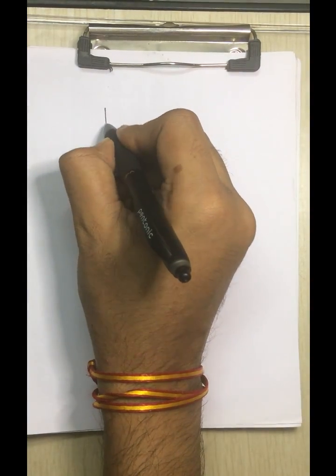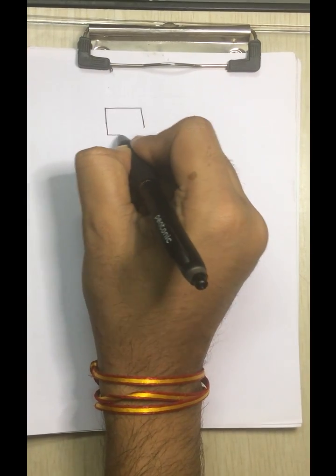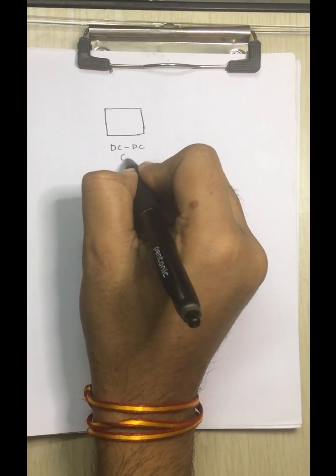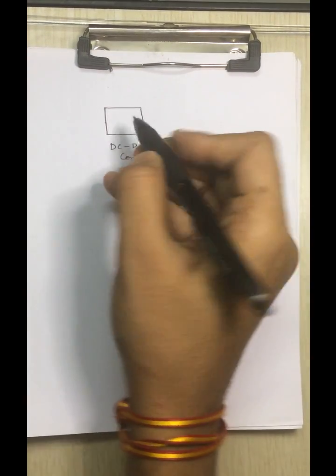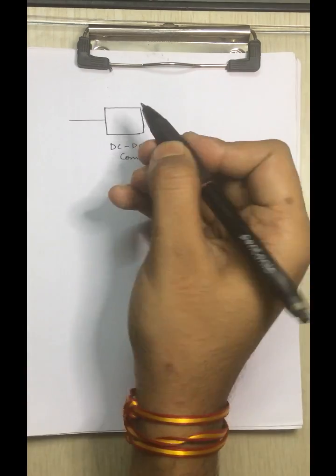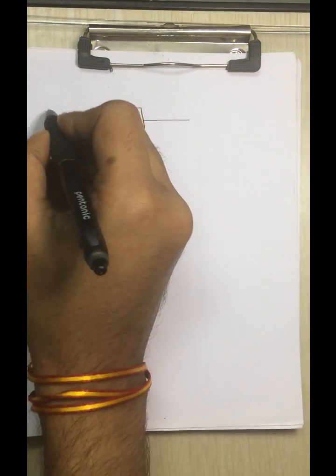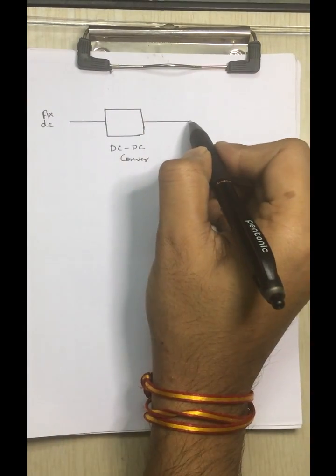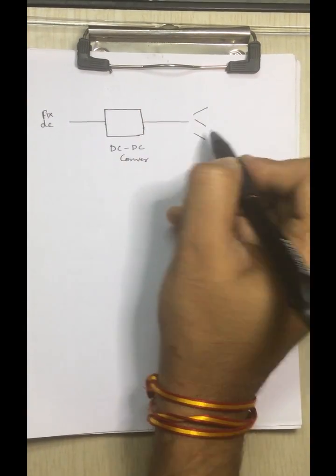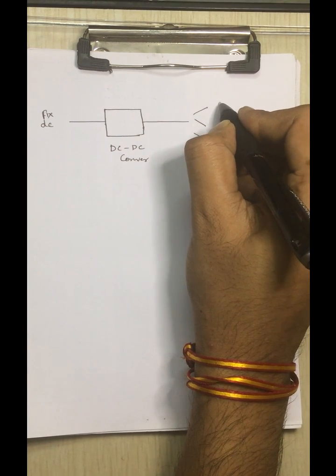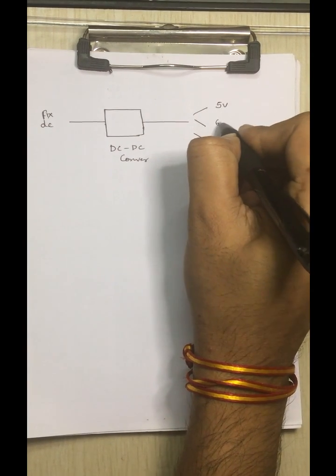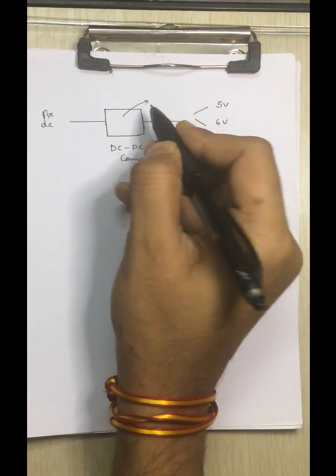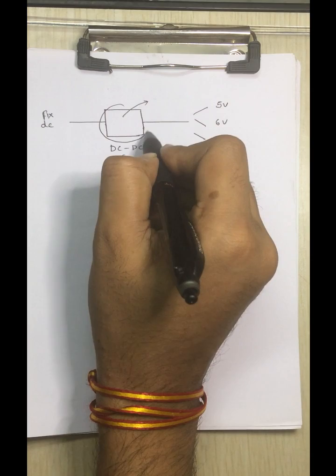So a chopper is a DC-DC converter. In the DC-DC converter, suppose that we have a fixed DC, and at the load side the requirement is variable DC, meaning if we want 5 volt, 6 volt, 10 volt, according to that we will use this converter.